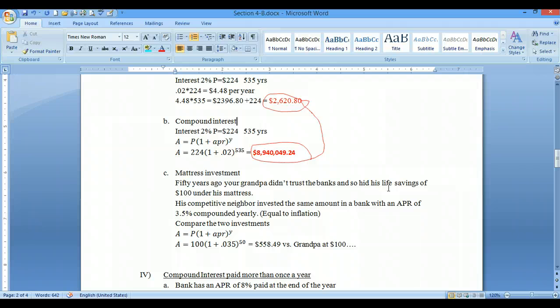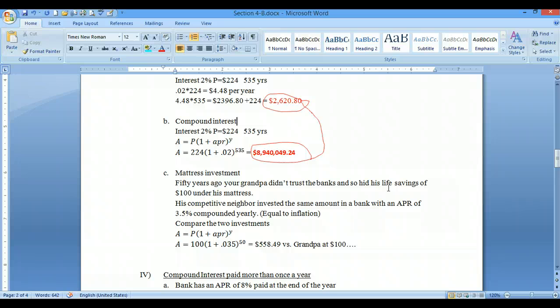This one's the mattress investment. So let's say 50 years ago, your grandpa didn't trust the banks. Or I guess some of you might be older. We could say father, or you could just think years ago. Your grandpa didn't trust the banks, so he hid his life savings of $100 under his mattress.